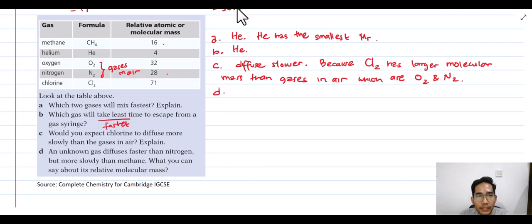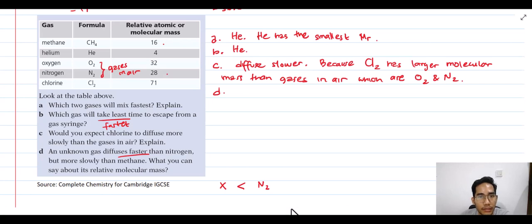So, as you might already notice here, the unknown gas diffuses faster. What can you conclude from that? Yes, the unknown gas, let's just say it's an X gas, its mass needs to be lower or lighter than the molecule of nitrogen, which is N2.